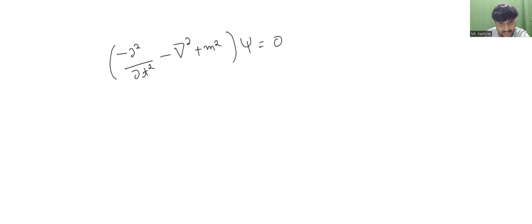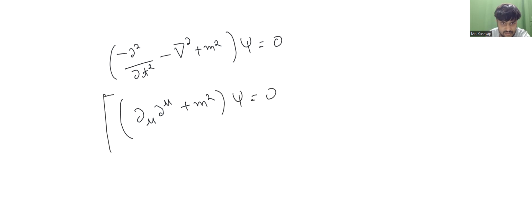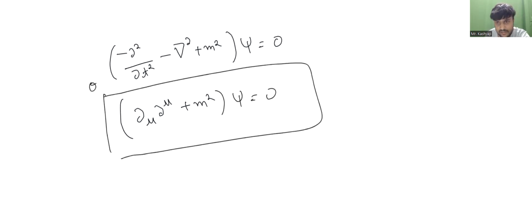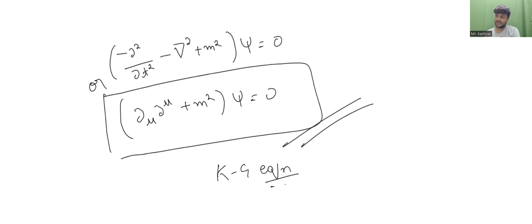You can write it as dou mu dou power mu plus m squared into psi is equal to 0. This is another way of writing it, just in a different format. So this is basically your Klein-Gordon equation. This is used for spinless particles, and it is also used in our Large Hadron Collider.